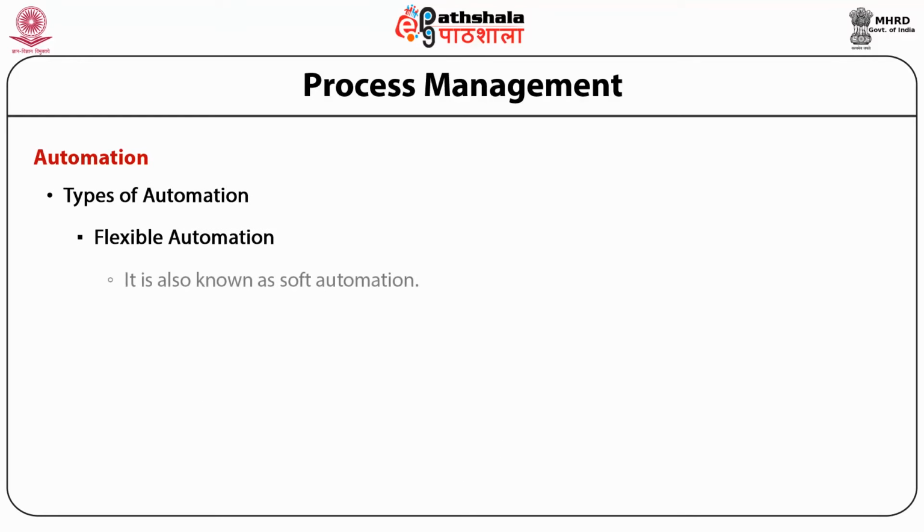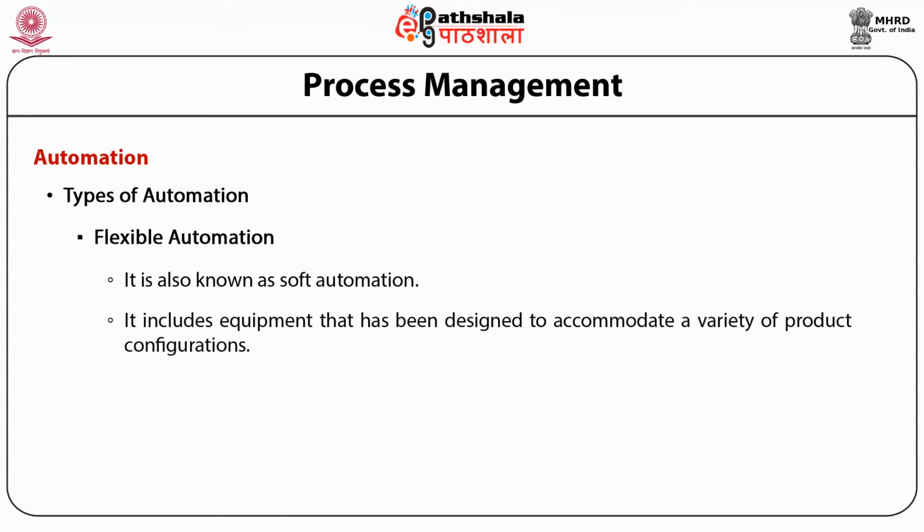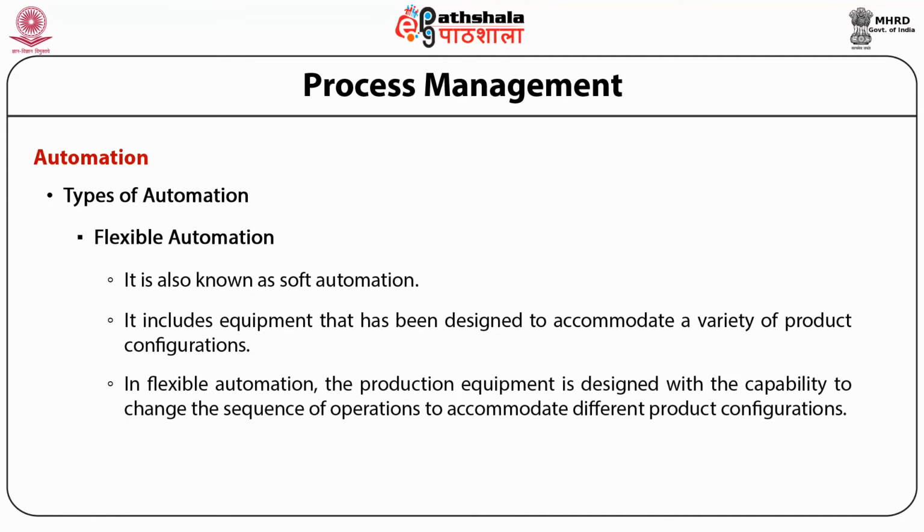Flexible automation is also known as soft automation. It includes equipment that has been designed to accommodate a variety of product configurations. In flexible automation, the equipment is designed with the capability to change the sequence of operations to accommodate different product configurations.